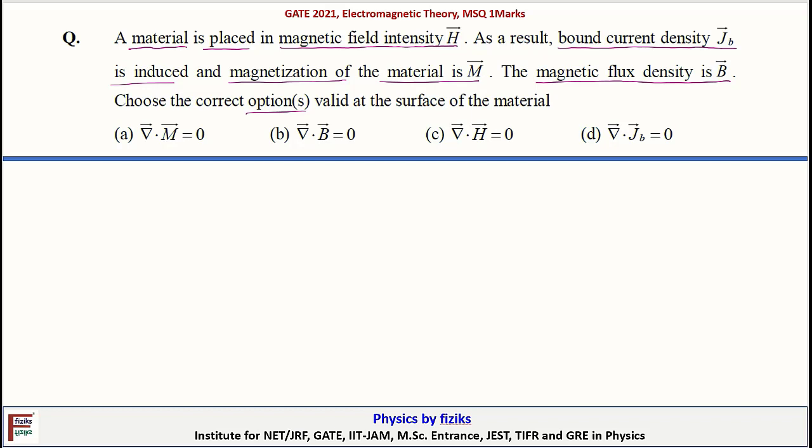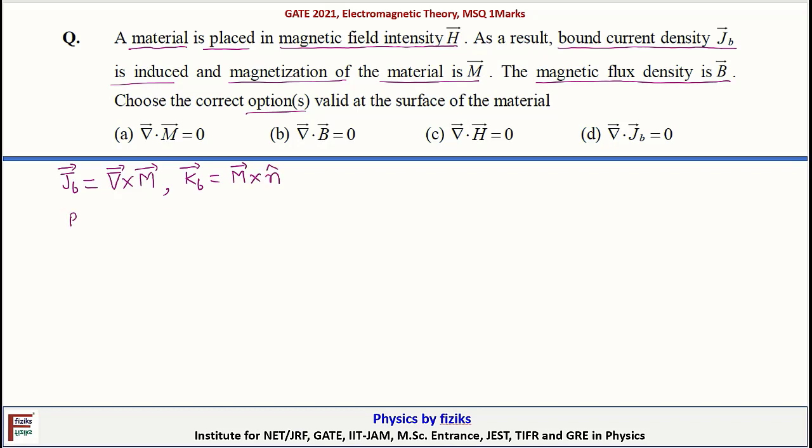So we know that when a magnetic material is placed in an external magnetic field, it gets magnetized and bound current will develop. So volume bound current density is given by del cross M. This is JB, and KB is given by M cross N cap. We know these relationships.